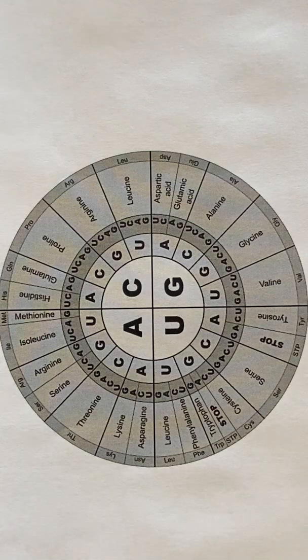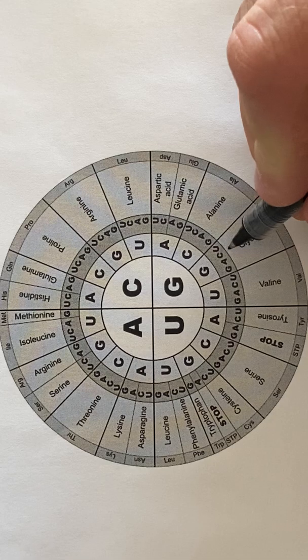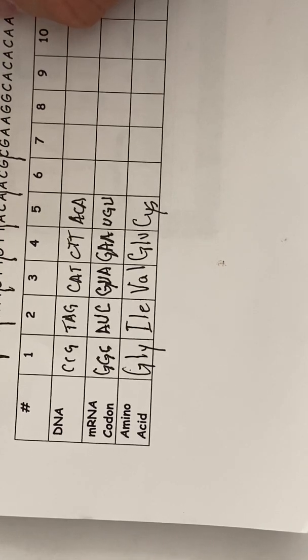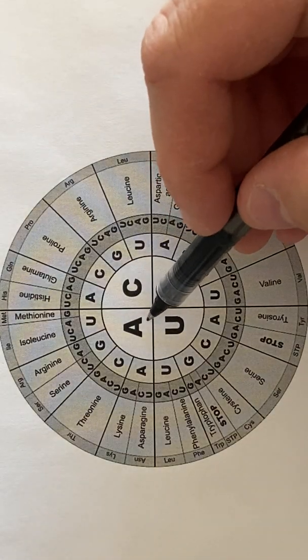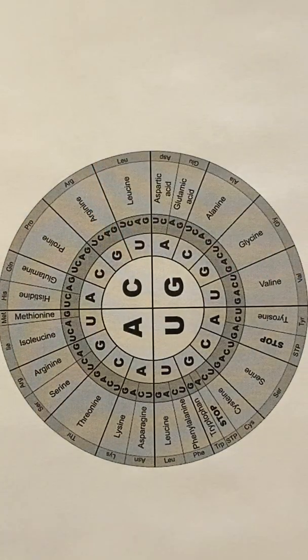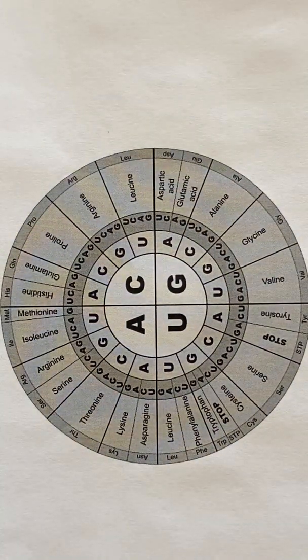G, G, C gives you glycine. Imagine that. AUC, A, U, C gives us isoleucine, ILE. Look at that. So you can use either, and if you just Google Universal Genetic Code Chart, you will find that. If you can't find it, you're not Googling hard enough.